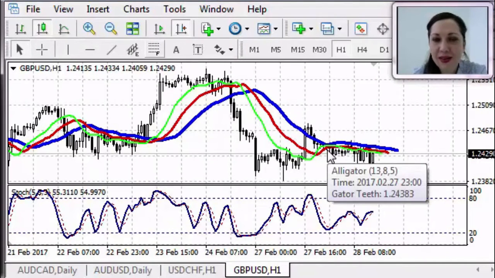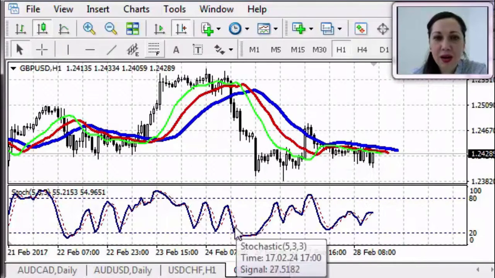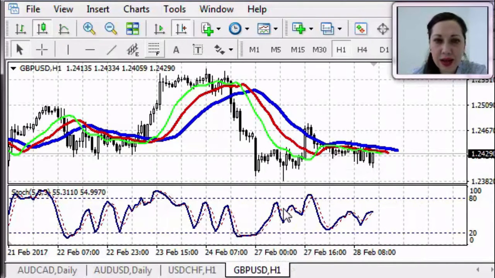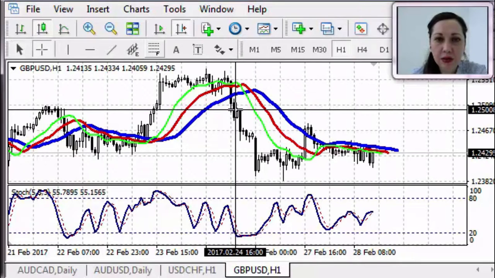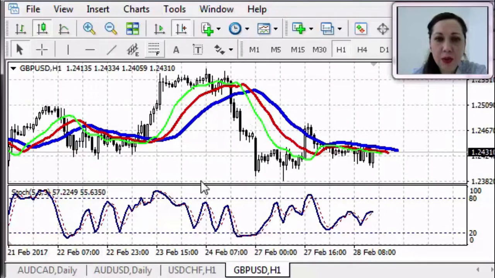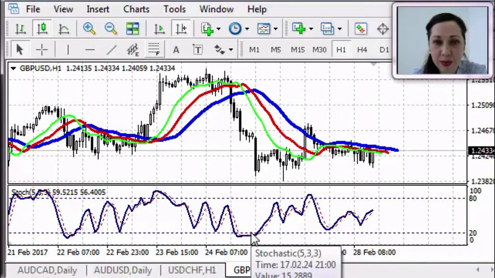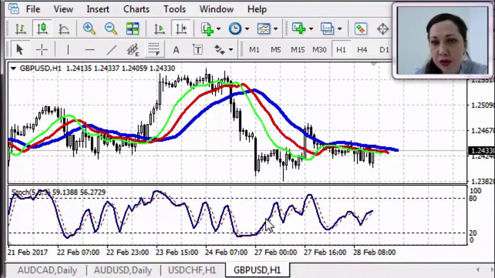Okay, take profit. Looking at stochastic, we can say that if you entered the market for sell, selling from high prices, when the two lines of the stochastic indicator reach the opposite zone, for example the oversold zone, we're supposed to close our trade.